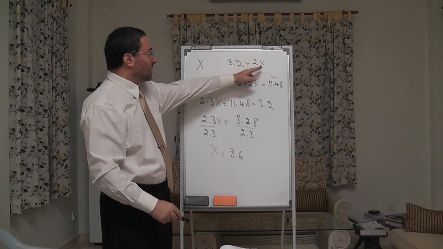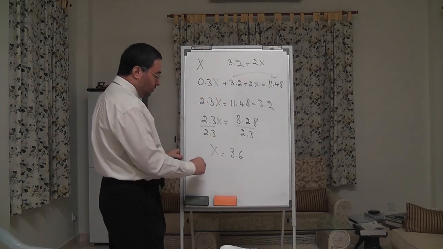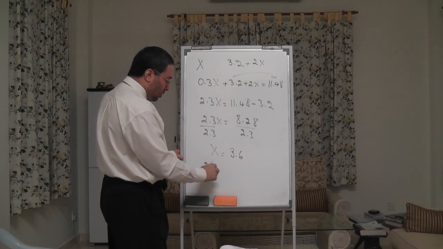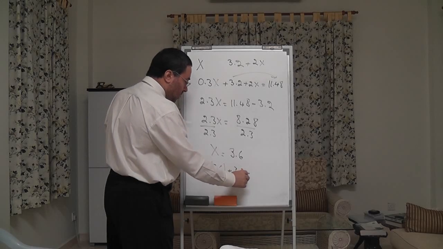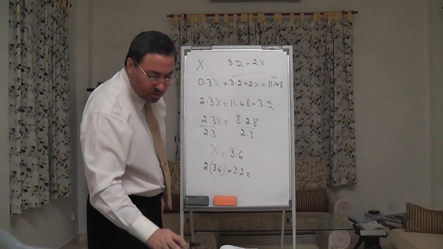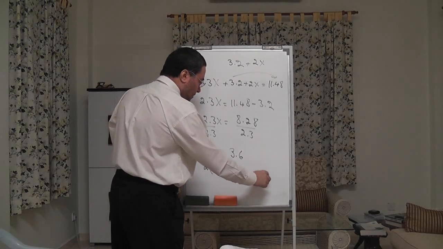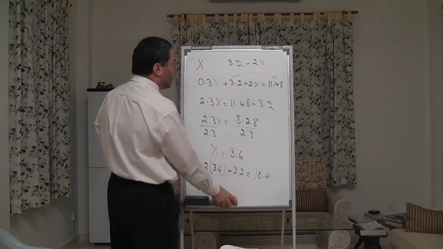The other number is twice the x, added to it 3.2. So we multiply 2 into 3.6 plus 3.2, and the number is 10.4. And these are our two numbers.